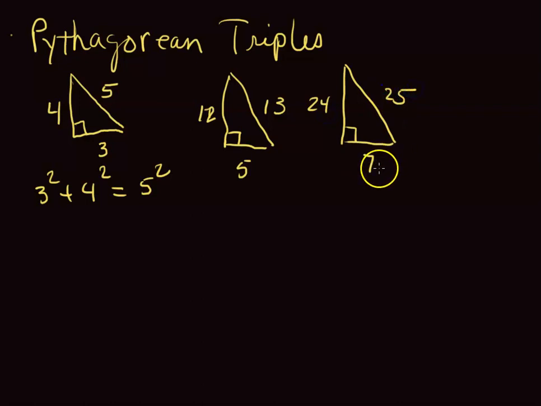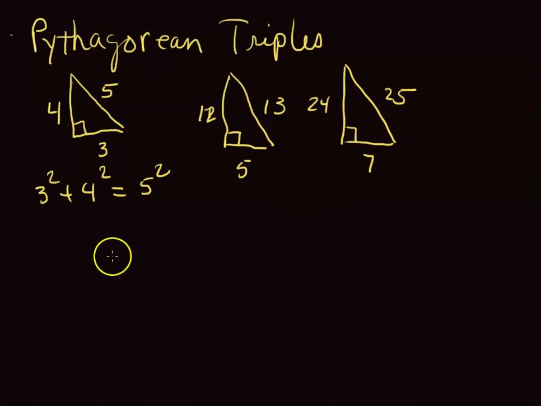There are, in fact, a lot of them, and if you have a chance, you can even write a program in C++ or in Python that you can run and figure out which triples give you a nice right triangle. There's a bunch of them.